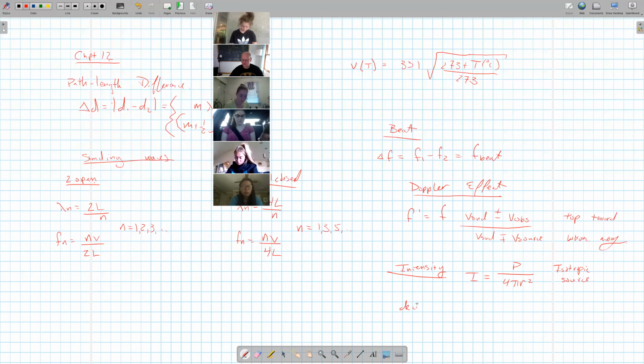And finally, decibels. So beta in decibels is equal to 10 decibels times the log of I divided by I0, where I0 here is the threshold of hearing. Now again, don't worry about writing down I0, that'll be one of the constants on the first page.